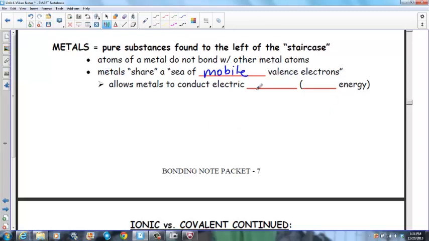Remember, everything deals with the outer electrons, not so much the inner electrons. That would be an absorption of energy where they change from ground state to excited state. That's completely different. That's not bonding. So this allows metals to conduct an electrical current, which we can also call wave energy or electrical waves.